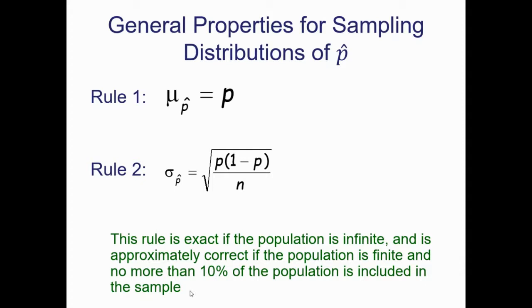We do the square root of P times 1 minus P divided by N. And these rules are exact if the population is infinite, and they're approximately correct if the population is finite and no more than 10% is included in the sample.